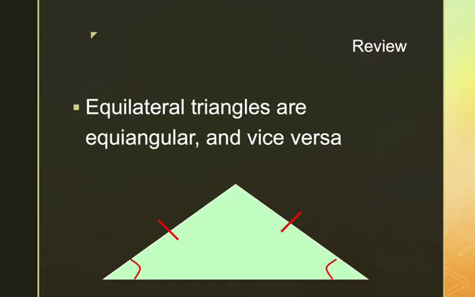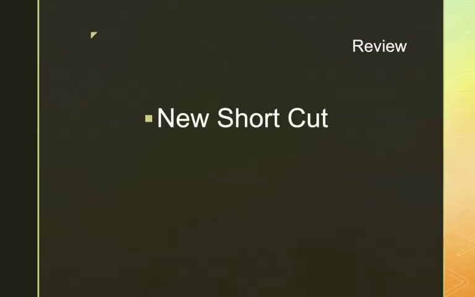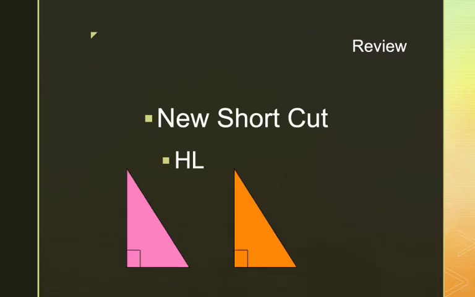We had equilateral triangles being equiangular and vice versa. And we had a new shortcut. We had the hypotenuse leg shortcut. That stated that if I had a hypotenuse that is congruent and a leg of a right triangle on both of them, then they are congruent to each other.